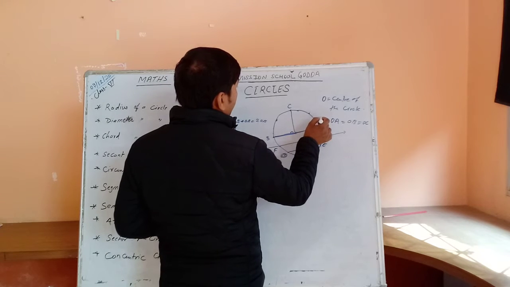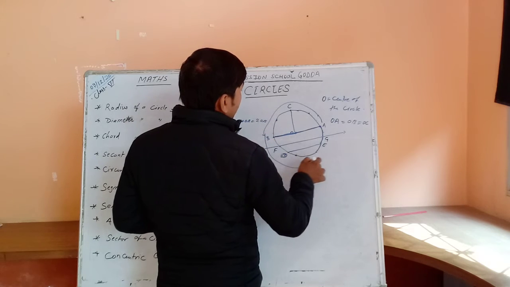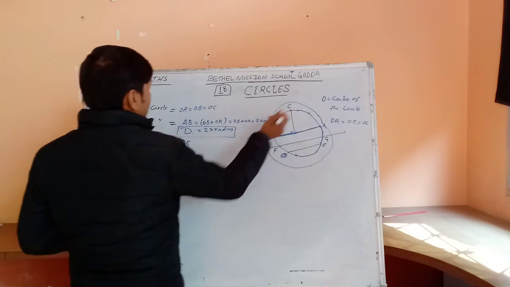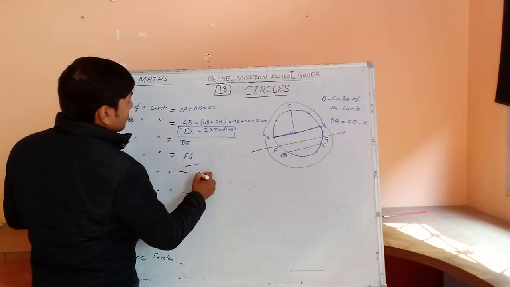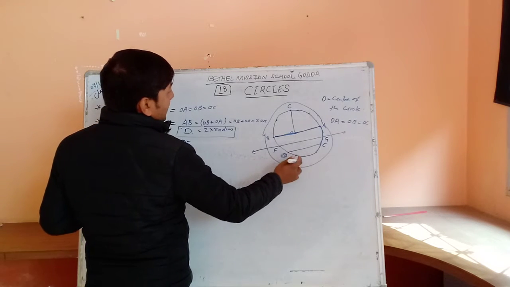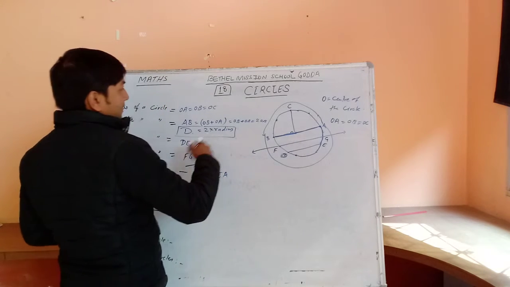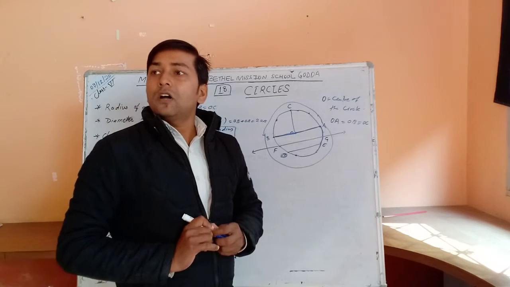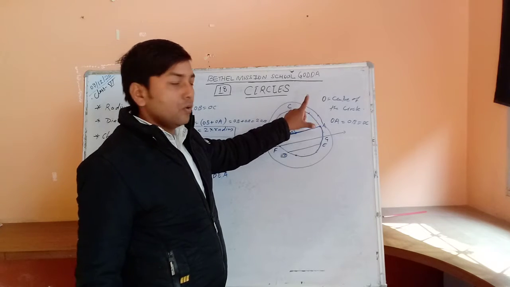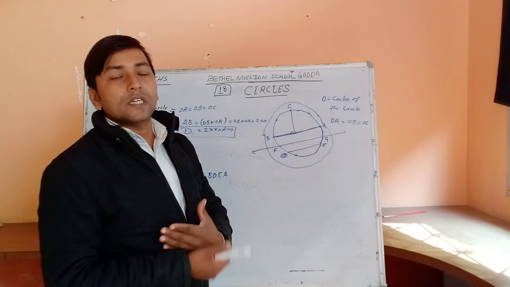If we start from A, cross C, B, D, E, and again A, this is called the circumference of a circle. The whole distance from A to A again is the circumference of the circle.